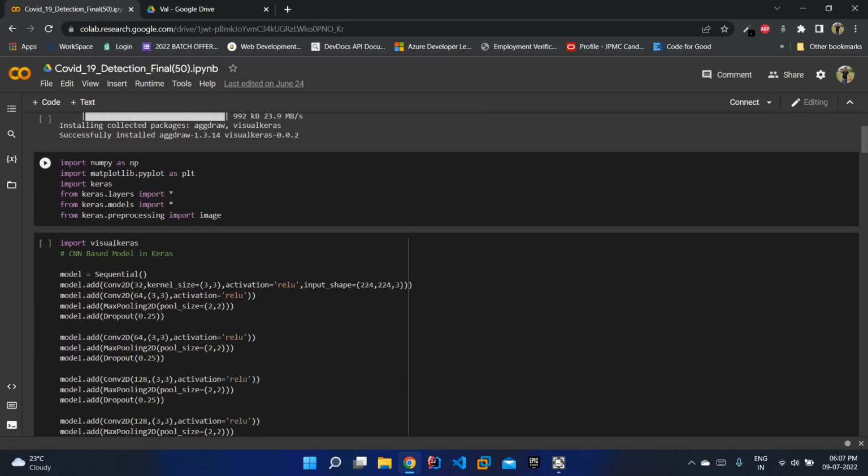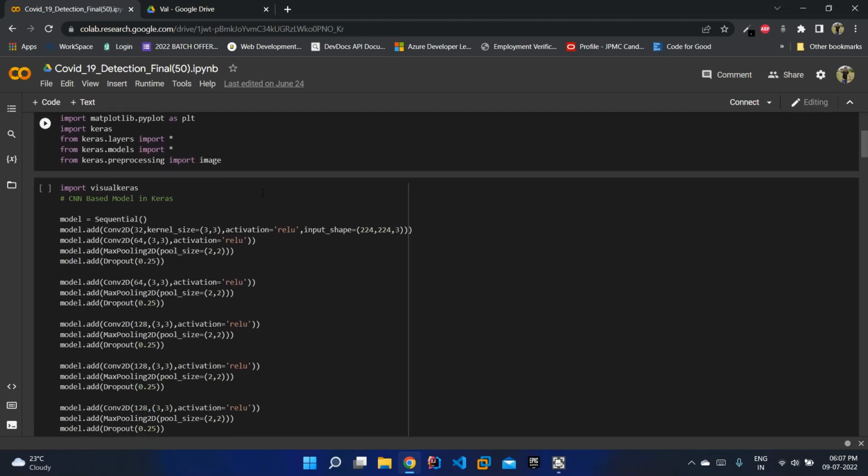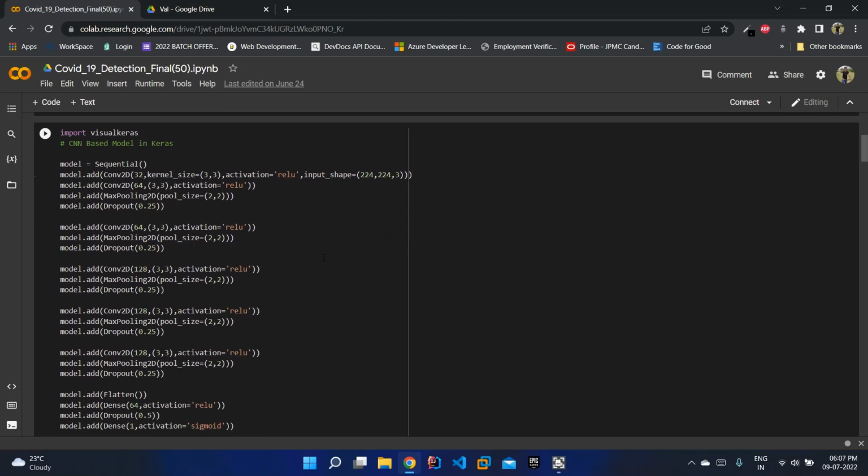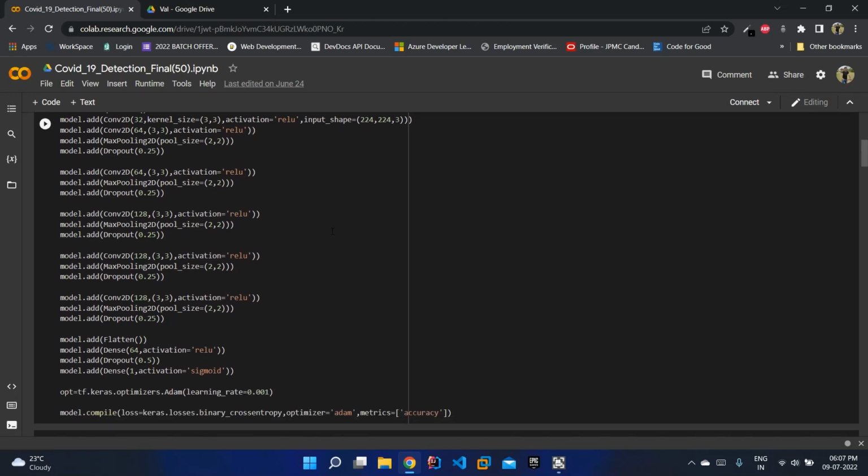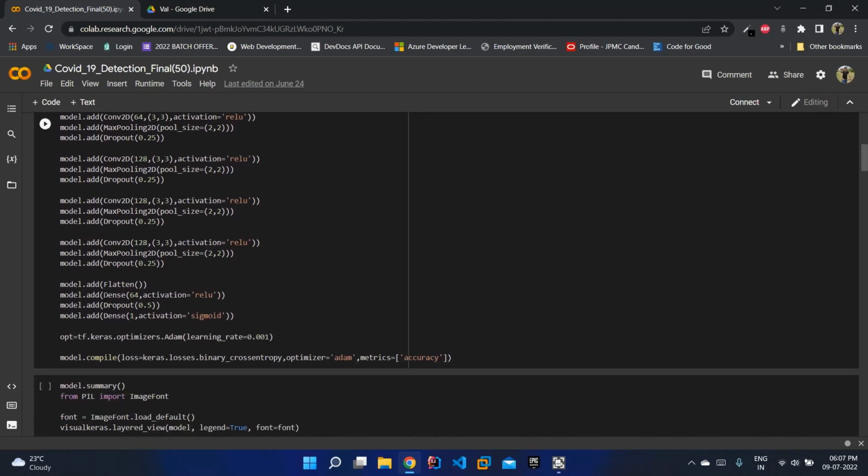Furthermore, we used packages such as NumPy, Matplotlib, Keras, which form the basis of any CNN model. The following cell indicates our model in terms of its constituent layers. We built a sequential CNN model that comprised convolutional 2D layers, max pooling layers, as well as dense and flattened layers.